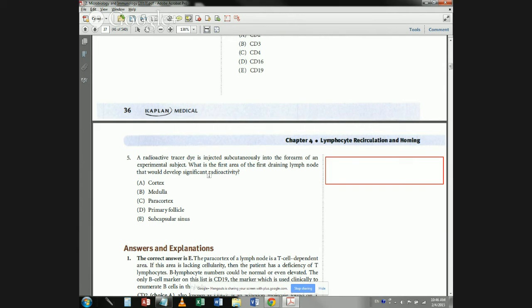Oh gosh, am I overthinking this? Is it cortex? Because that's where you'll have the radioactivity, but that's where you're having the first binding taking place. Primary follicle is B cells, paracortex is T cells.